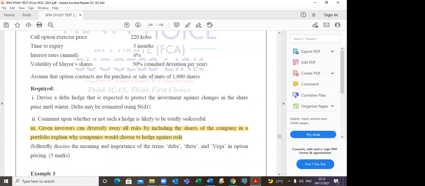Investors will need to hedge against risk because portfolio theory and CAPM, which is the capital asset pricing model, assume that investors should concern themselves about systematic risk alone.